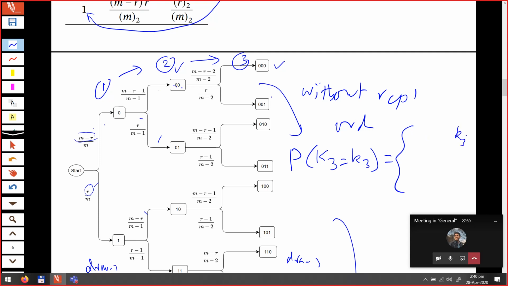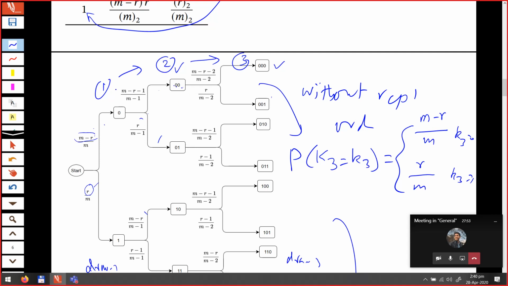For K3 is equal to 0, I will again get M minus R over M. And for K3 is equal to 1, I will again get R over M. So neither the unconditional probabilities change nor the conditional probabilities change as long as you stick to just two of them.